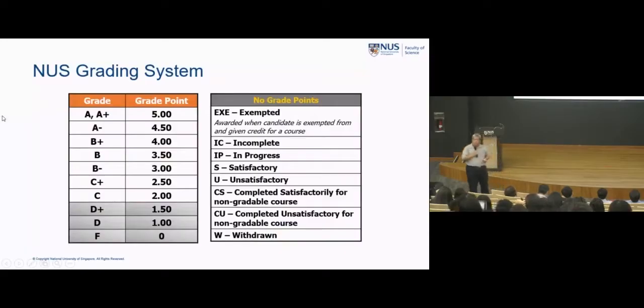How will you do this calculation? Every module you will get a grade if you don't SU it, right? And every grade like this, you get a grade point, 5, 4.5, whatever. So you have 4 units.